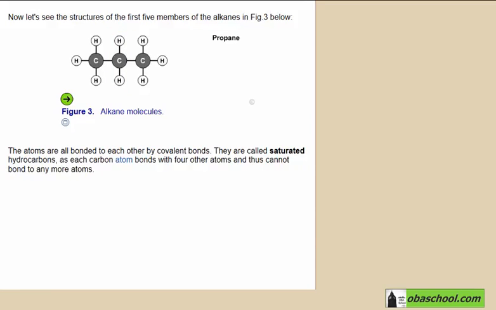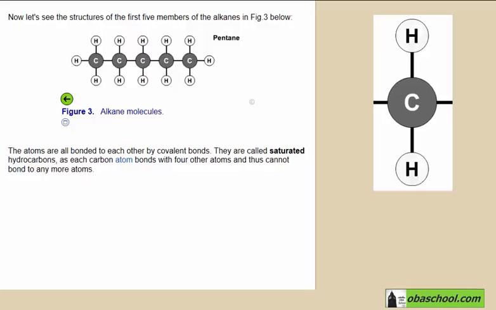If we examine propane, we will find that the difference between ethane and propane is again one CH2 group, and the difference between propane and butane is a CH2 group, and also between butane and pentane it's another CH2 group. So we will have an additional CH2 group between members of the family of alkanes.